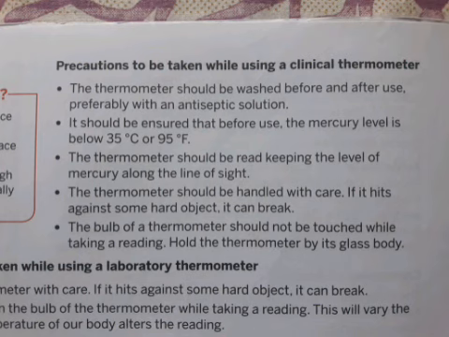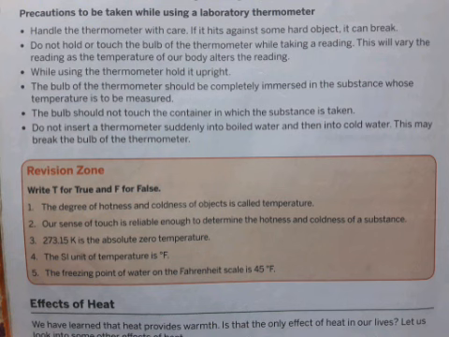So the temperature might drop, and the reading will be wrong. It will be incorrect. Therefore, while taking the reading, we should not touch the bulb. Hold the thermometer by the glass body, by the stem.